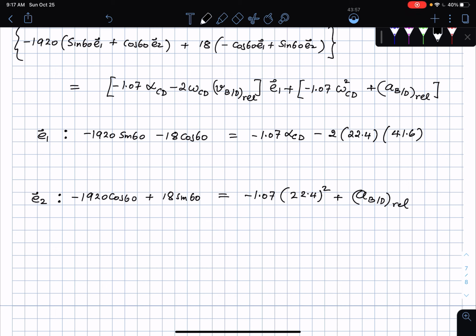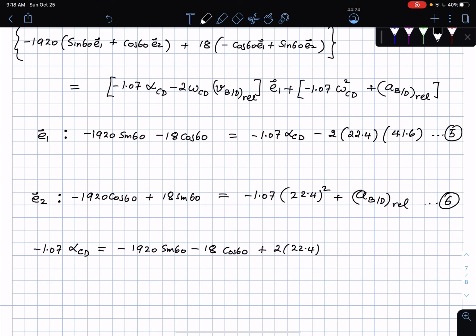So alpha CD I will end up getting as the following. Let me call this equation 5 and then equation 6. From equation 5 I have the following: minus 1.07 alpha CD is minus 1920 sine 60, 18 cosine 60, plus 2 times 22.4 times 41.6.